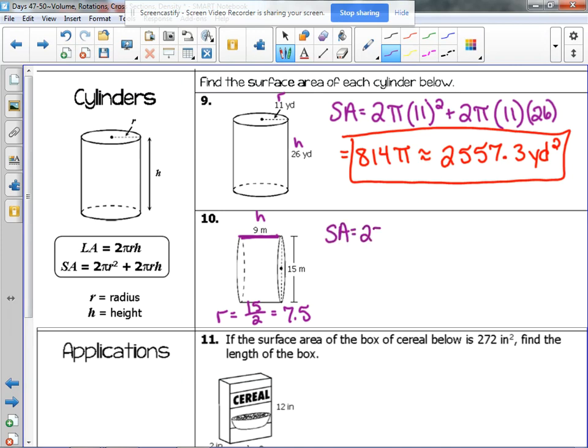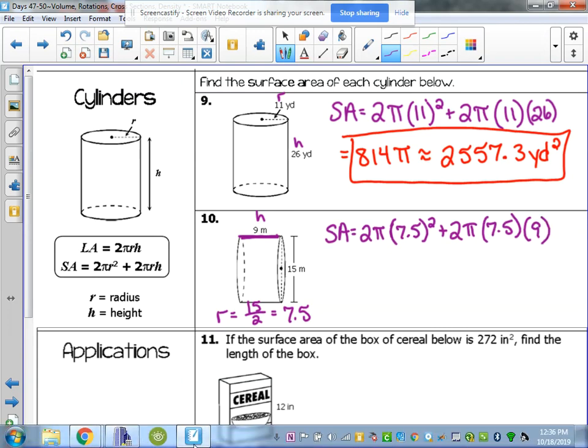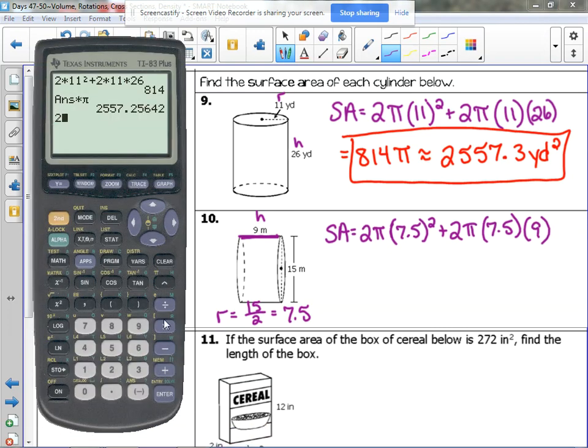So surface area is 2 pi times the radius squared plus 2 pi times the radius times the height. I'm going to do the same thing again. I'm going to put in everything but the pi.